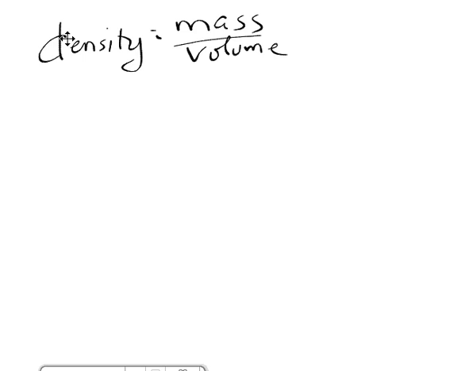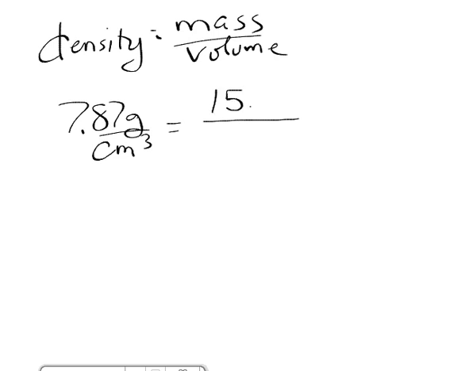The block of iron has a known density, 7.87 grams per centimeter cubed, and let's say you know the mass of it. Let's say it is 15 grams on your scale.